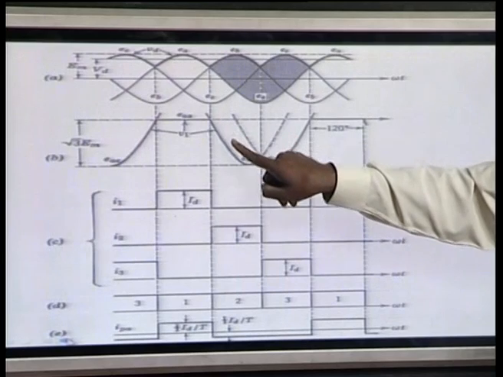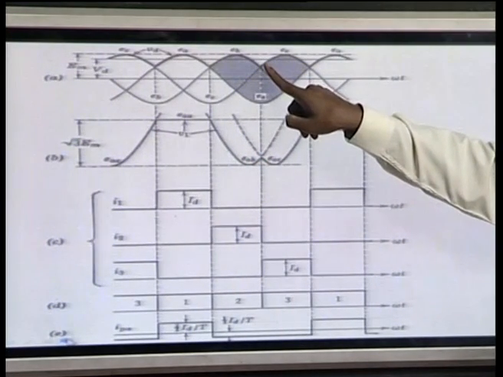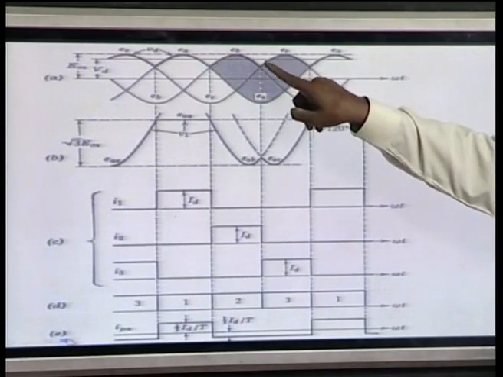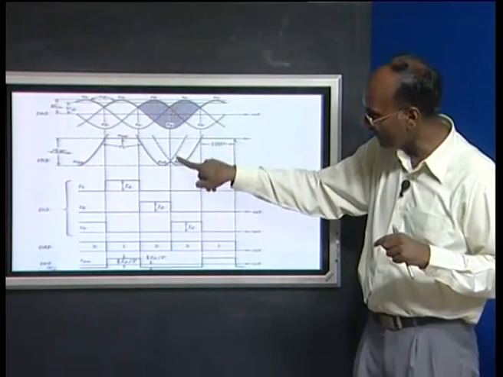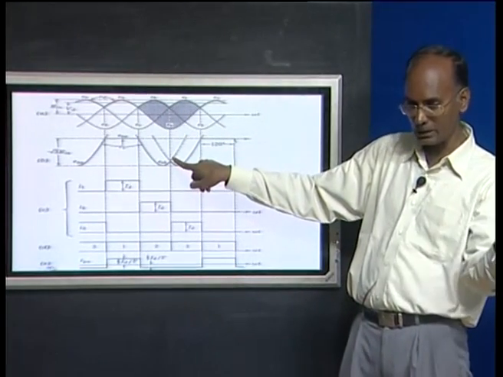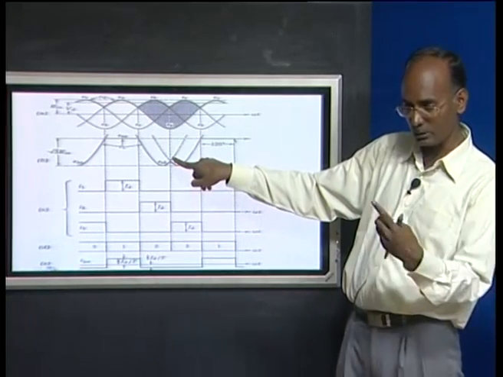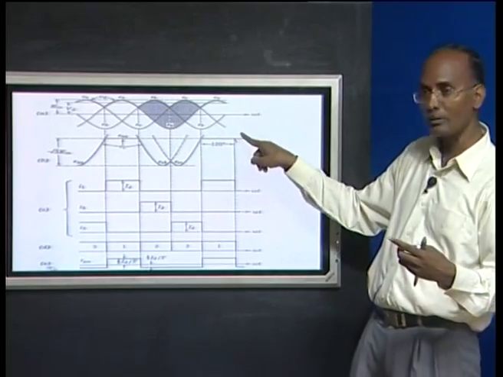This voltage follows up to the point when the third valve is fired, because EC becomes more positive than EB. Now it is EA minus EC, because EA appears at the anode side and the cathode is at C, since the third valve is conducting. Again we follow this.